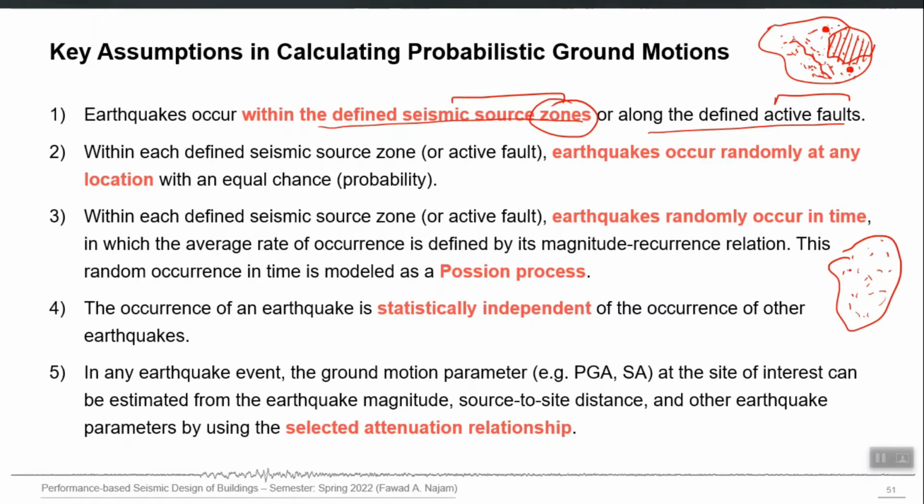In that case, I will say this is my area source A, this is my area source B, and this is C and this is D. So in my whole study area, I have 4 sources. It's like having 4 faults, but obviously we will have area sources in this case.